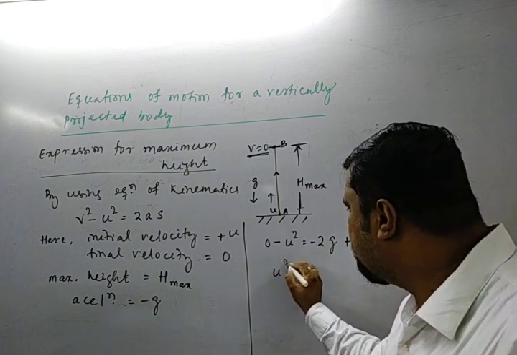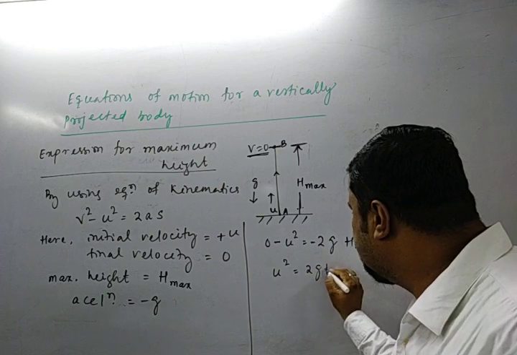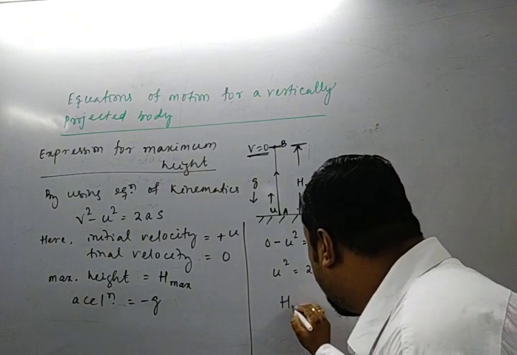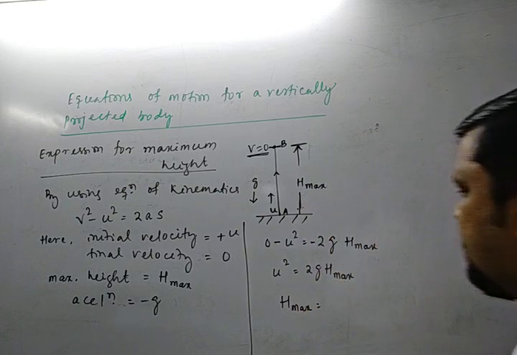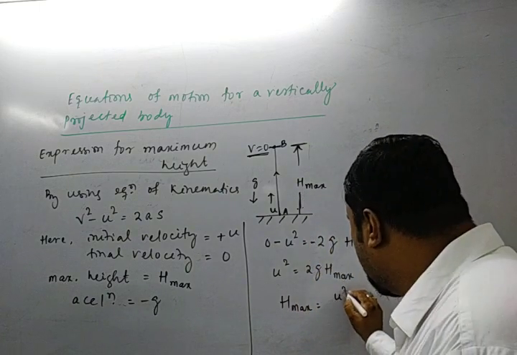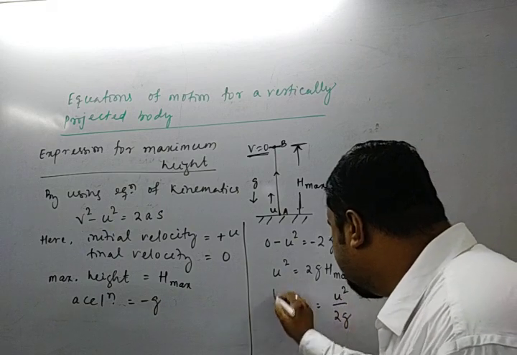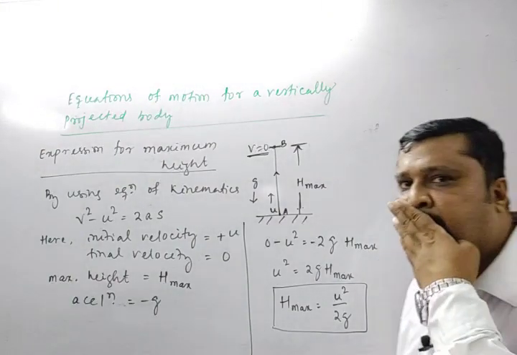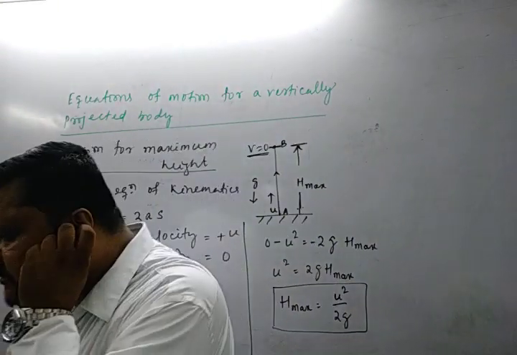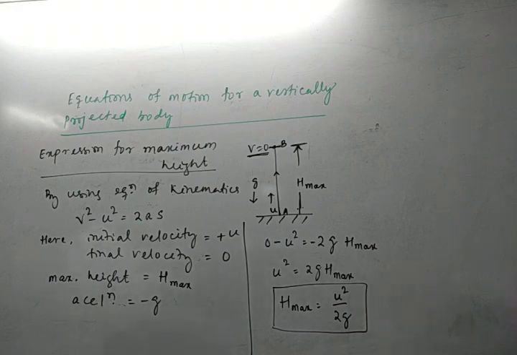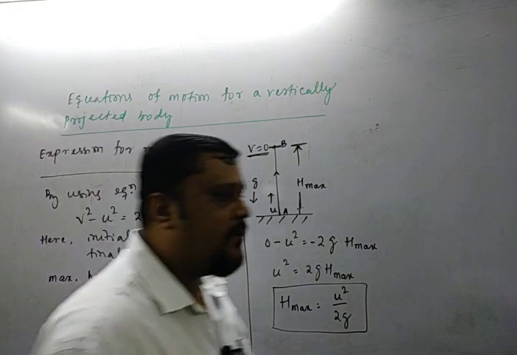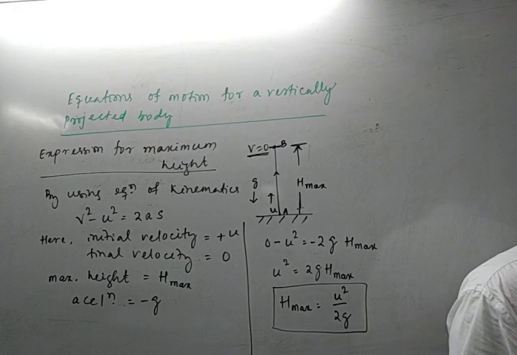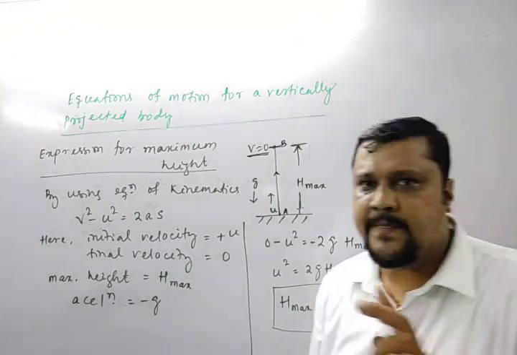So u square is equal to 2g h max, or h max is equal to u square by 2g. This is the maximum height attained by the body. Clear? Okay. So the maximum height attained by the body is equal to this much. First part is over. Clear?